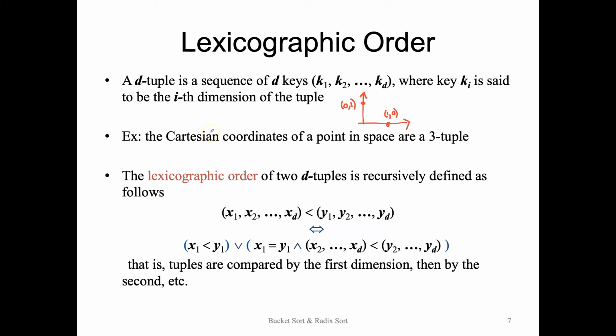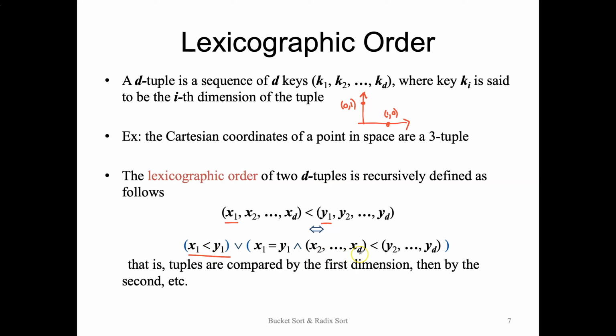Now, what is a lexicographic order? We could define this recursively as comparing two d-tuples, where here we have d keys and here we have d keys. We say that the left element is less than the right one if the first key of the left is smaller than the first key of the right, so x1 is less than y1, or if those two values are the same, then we check the remaining keys.